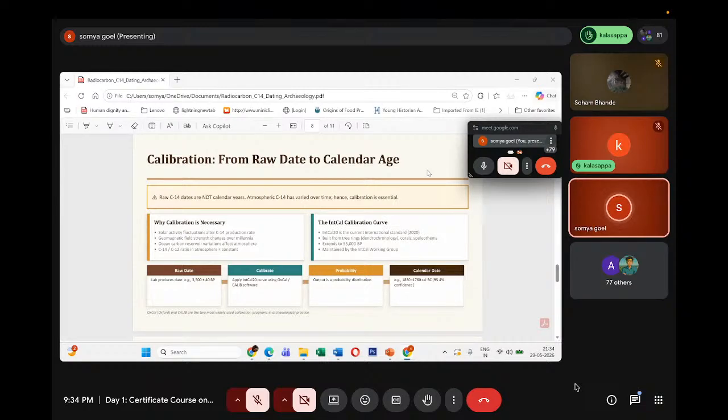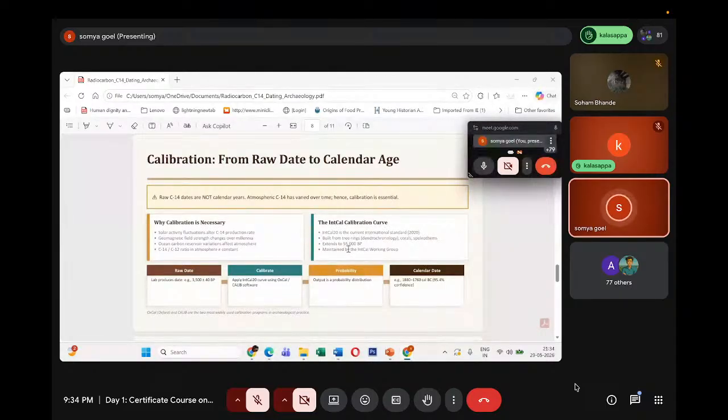This is an active research problem which some Indian scholars from BSIP are also working on actively, to create our own Indian data set, our own calibration curve, because again, this rate is not constant, and it also depends on the region. I'll be talking about this regional aspect later on as well.